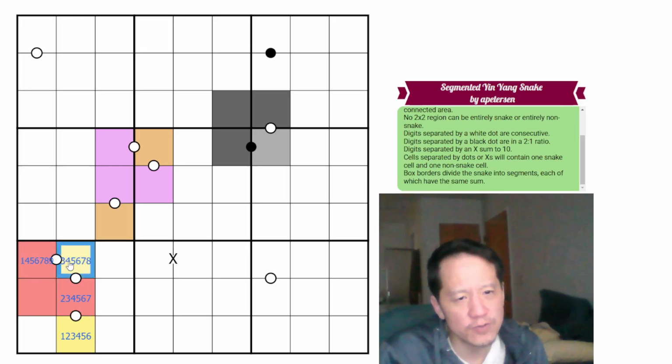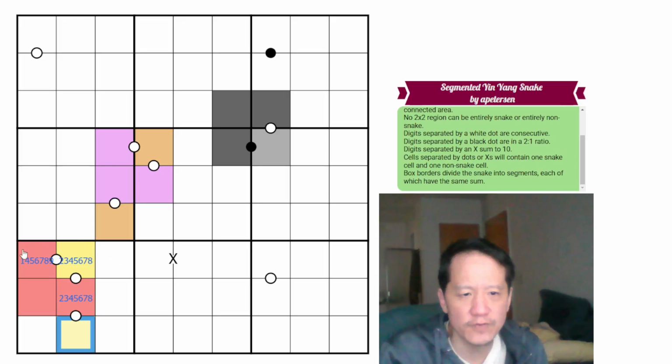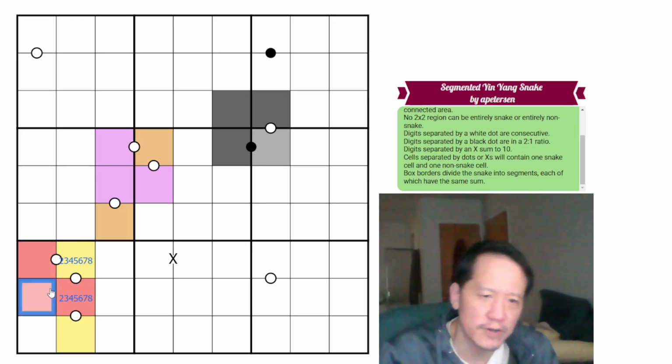And this could be 1, 2, 3, 4. So 4, 3, 2, 1. So these are 2 through 8, but we don't know. These can be the full 1 through 9, right?